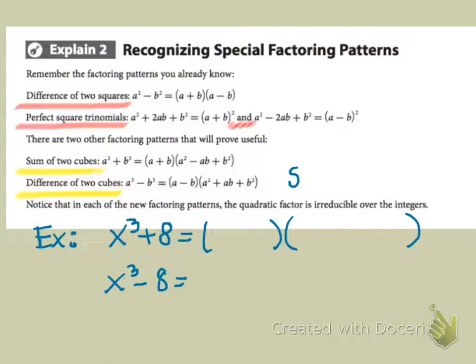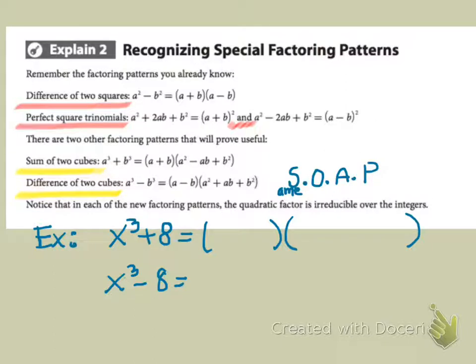actually, first of all, I want to review what we saw in the video, what SOAP means. As far as the signs go, once I get these terms, which we'll talk about how to get again, I fill in the signs last, and that's SOAP. S means same.